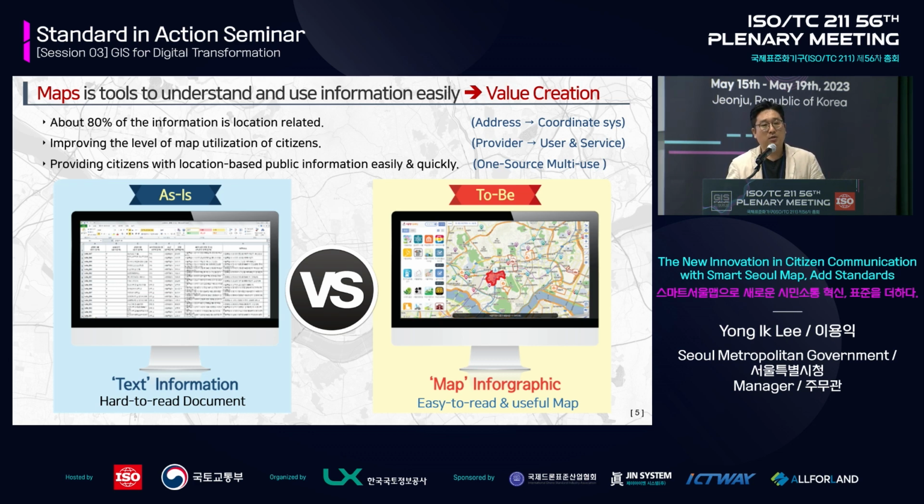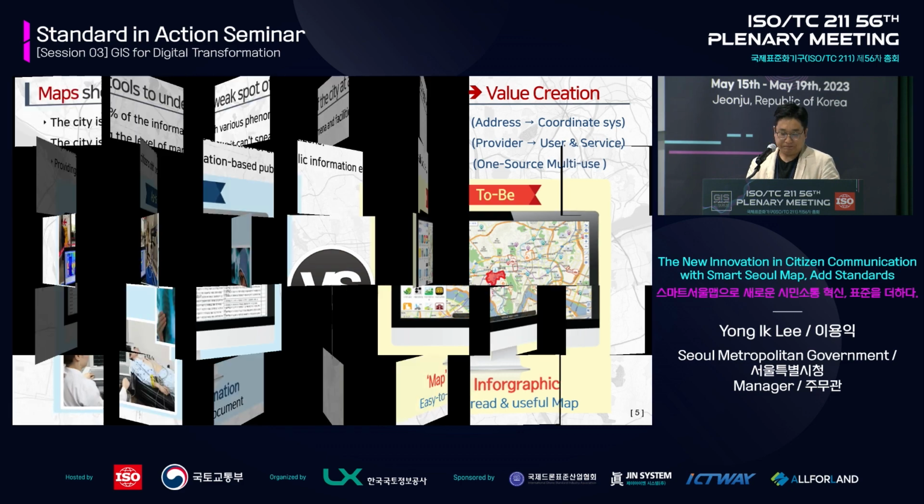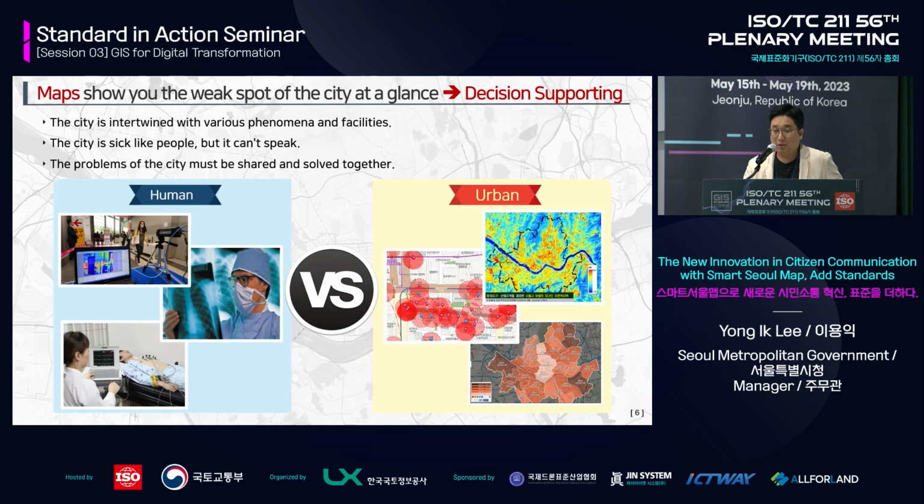So we hope to facilitate the process in which we provide and make available the geographic information. Just keeping it internally in the government does not make information valuable. We need to share it with the general public.